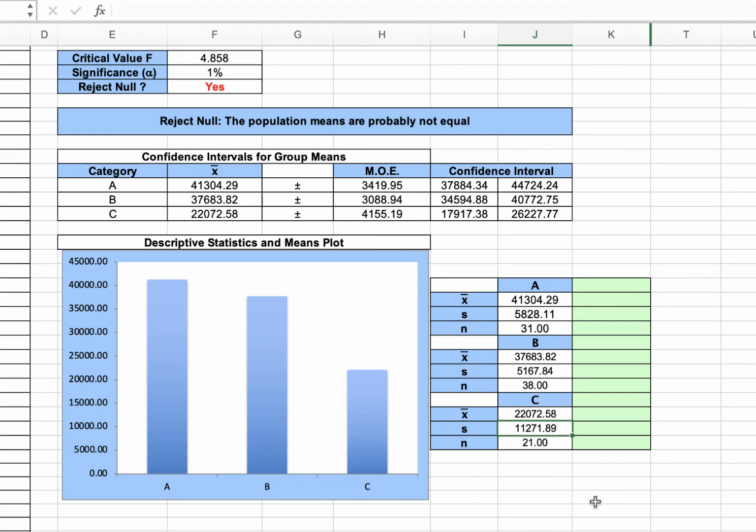So when the standard deviations have this much difference, we would expect there to be also a big difference in the means because this is just a totally different population.